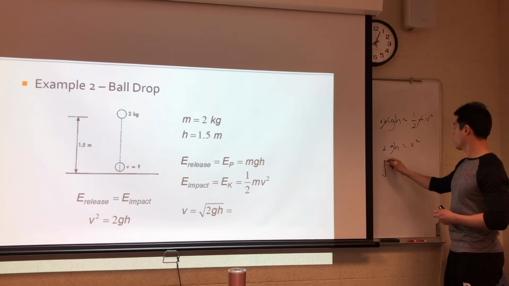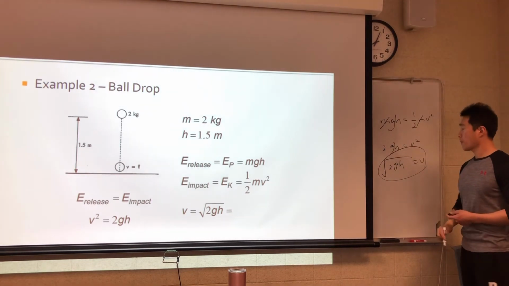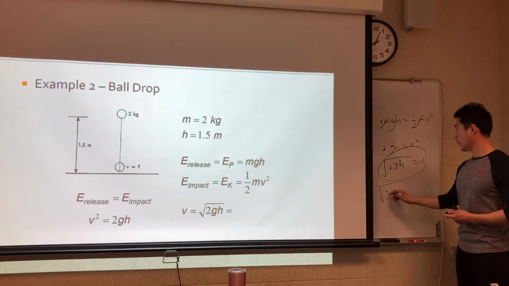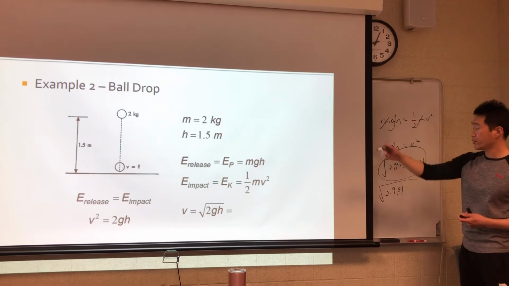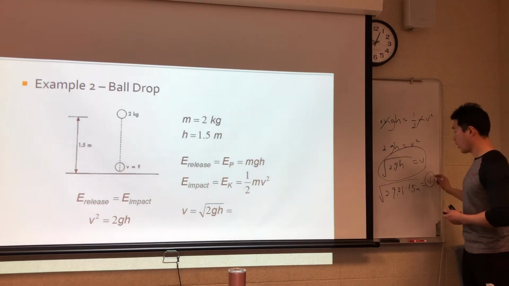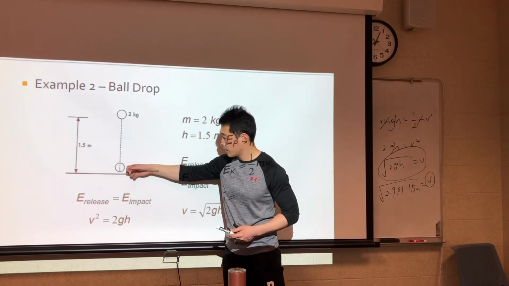Then v equals the square root of 2gh. So v is the square root of 2 times 9.81 times the height, which is 1.5 meters, which will give you the velocity at ball impact.